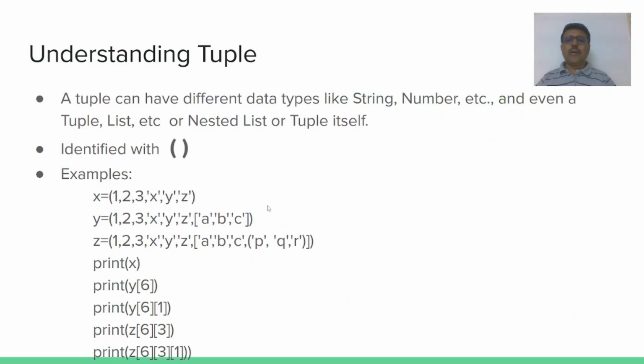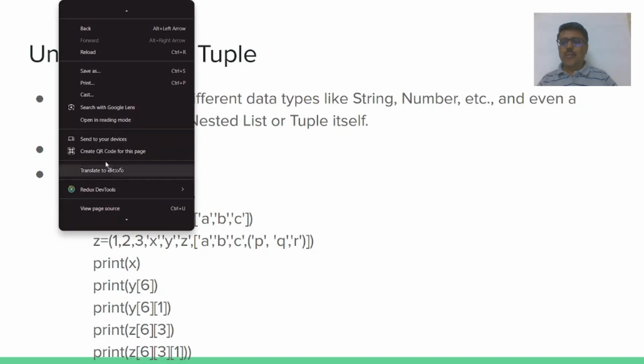I hope that till now, whatever you learned about the list, you are clear, right? Now quickly understand what a tuple is in Python. Let me again open the pointer.